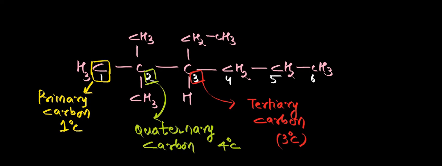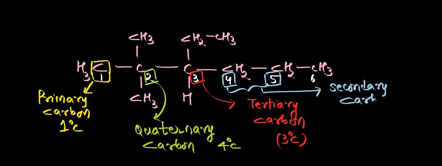Now if you focus on the fourth carbon atom and fifth carbon atom: the fourth one is directly connected with 2, left one, right one. Similarly, the fifth one is directly connected with 2 other carbon atoms, left side one, right side one. So 4 and 5 become secondary carbon atoms. That means the degree of this carbon is 2 degree.